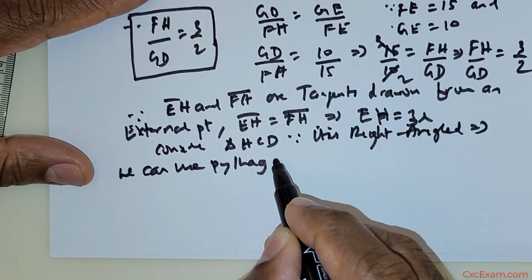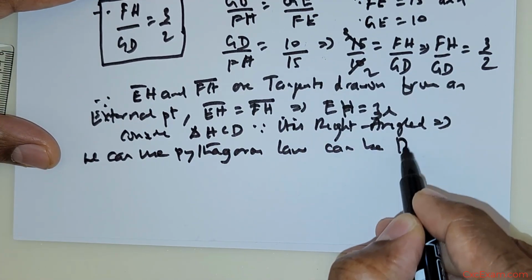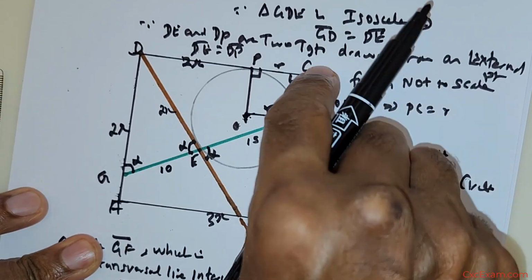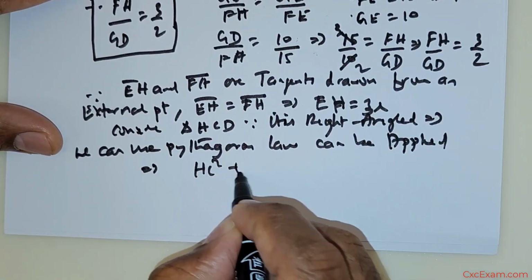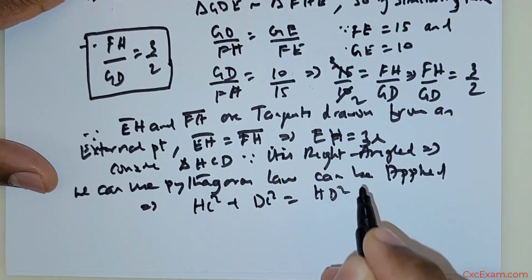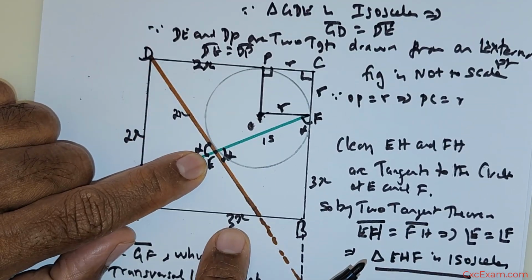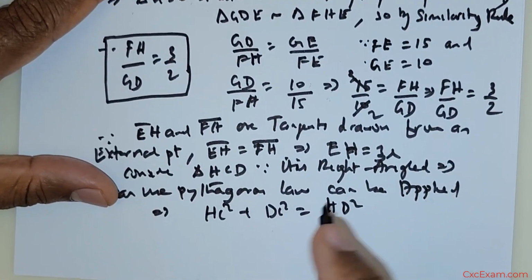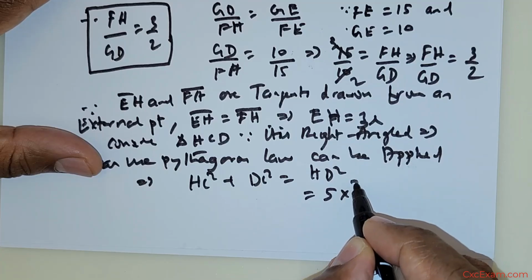So Pythagoras law can be applied. That in turn means HC squared plus DC squared is equal to HD squared. HD, this length is 3x, this length is 2x. So total length is 5x. So this is 5x squared.